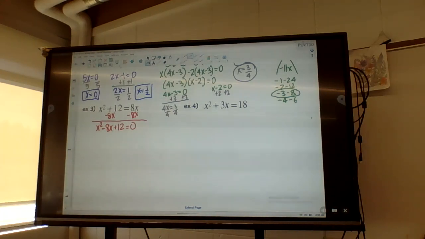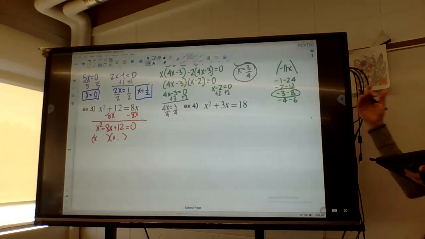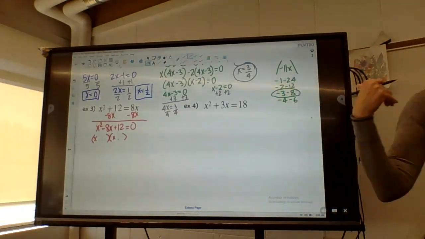Now I think a majority of you are pretty good at this type of factoring. This is the kind where there's nothing in front of the x squared and has 3 terms. So on our factoring chart, I believe this is like the second column. We automatically go to x and x. So we don't have to worry about making that big x thing. We can just use the x and x to know that that's going to be the first half.